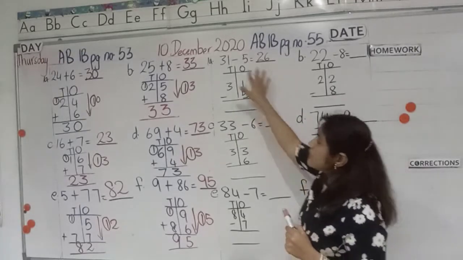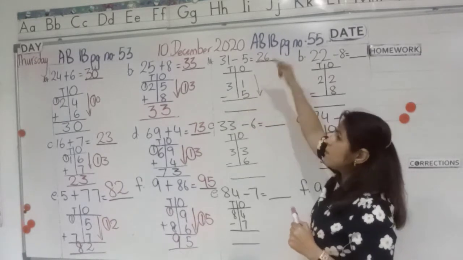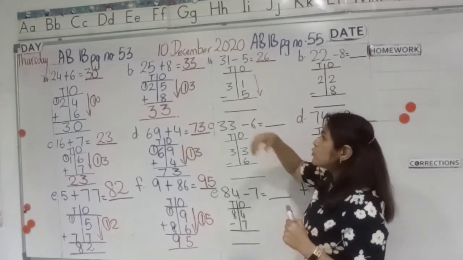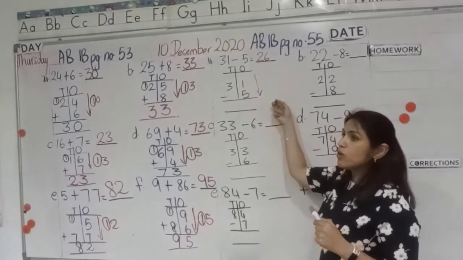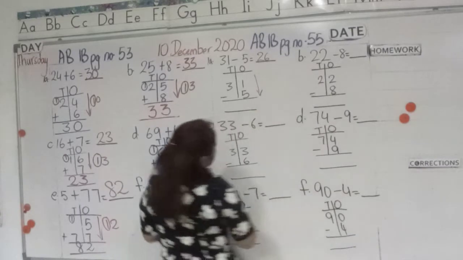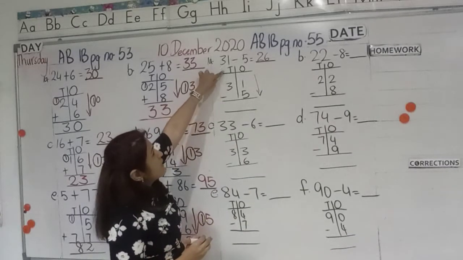But in this case, in ones place, you have a smaller number on top. So what do you have to do? You have to borrow. Why am I knocking? Because you're going to borrow. So from whom are you going to borrow? You're going to borrow from number 3, which is in tens place.